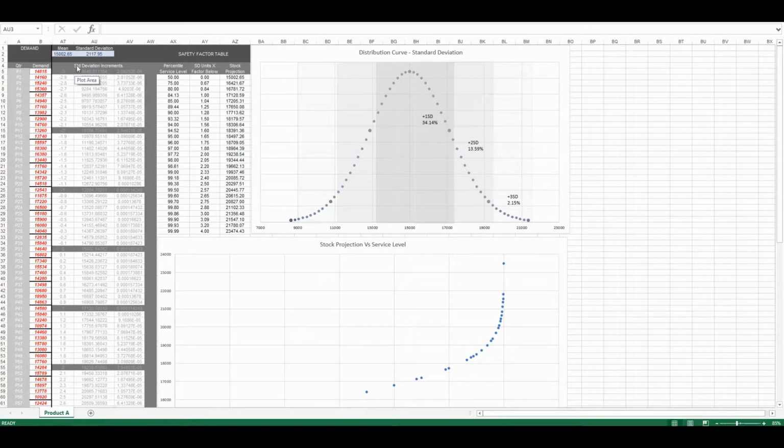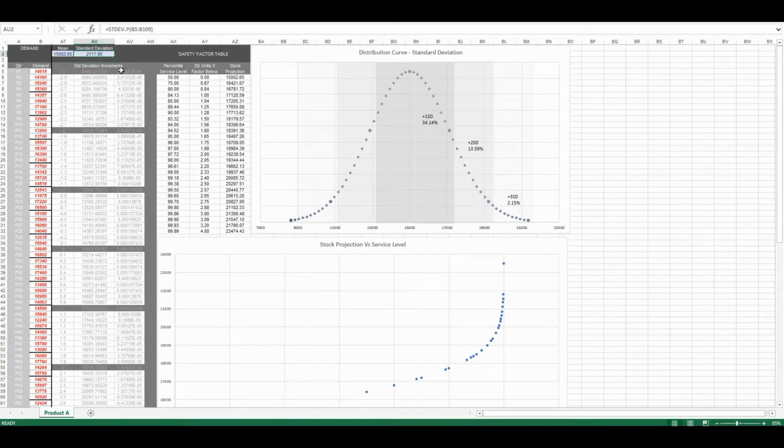You essentially work out the average of this demand data set going down here. For each number you subtract the average and square the result. You work out the average of all those squared differences and take the square root of that number. Or do what I do and just use your standard deviation formula in Excel.